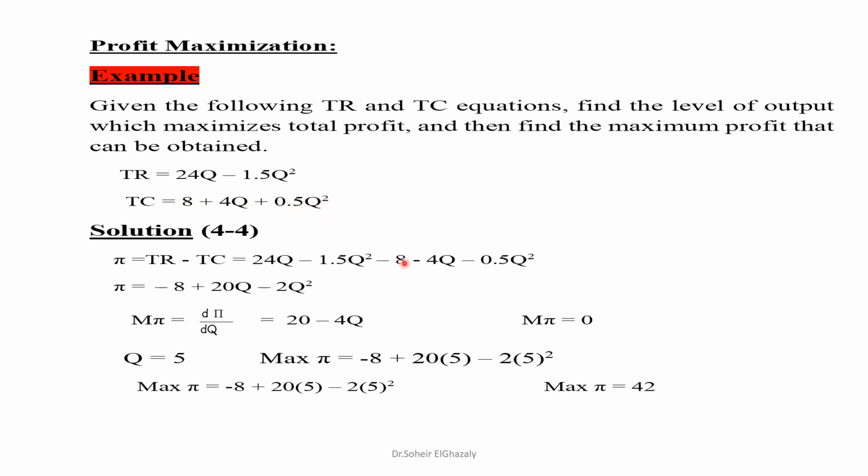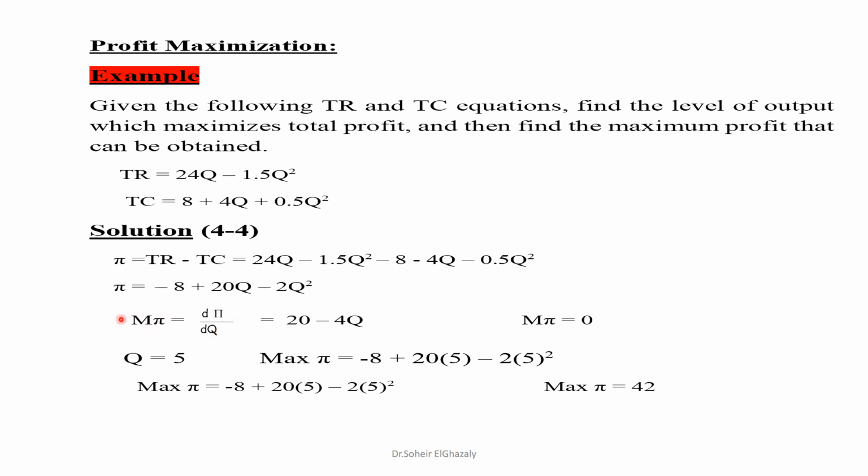Minus 8, minus 4q, minus 0.5 q squared. Very nice. Let's just simplify this one. Take the whole numbers together, the q's to power 2 together, and it will come like that. So profit equals negative 8 after simplification, plus 20q negative 2q power 2.